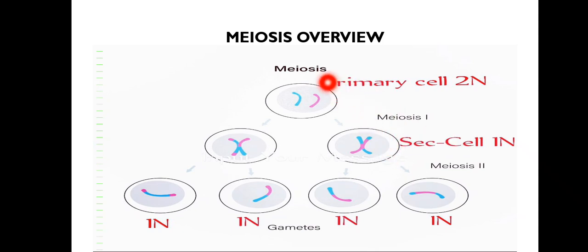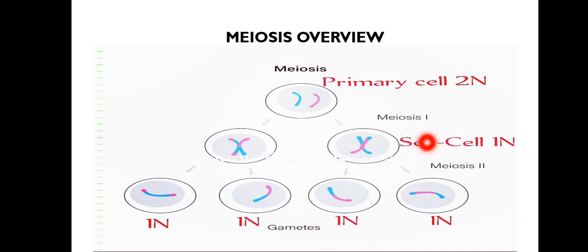From a primary cell, you've got 2N number of chromosomes. But when you form a secondary cell, you've got what? 1N. Meaning you have to know that in meiosis 1, there's a reduction in the number of chromosomes. They can ask you this question. It's a reduction division.